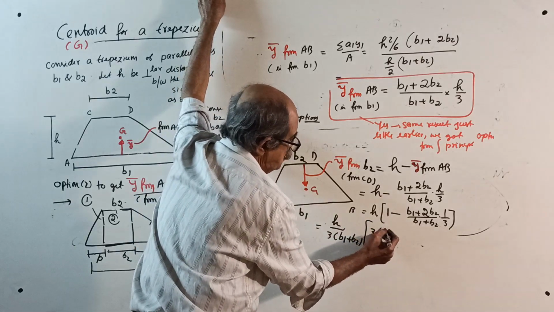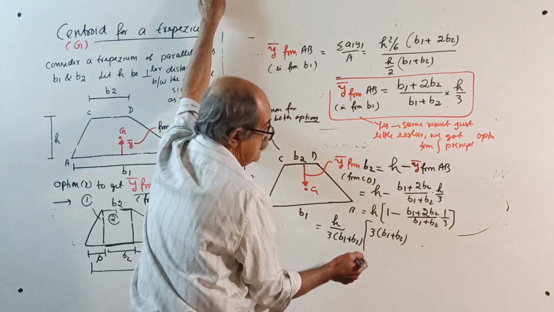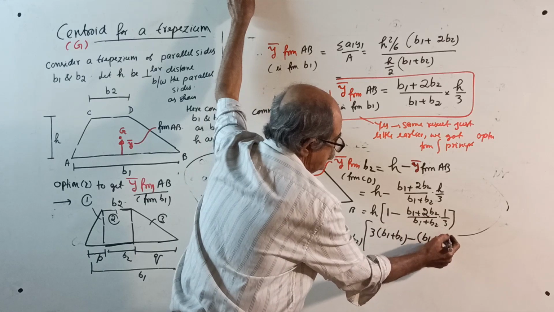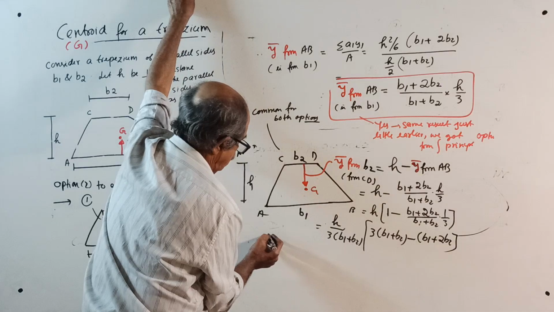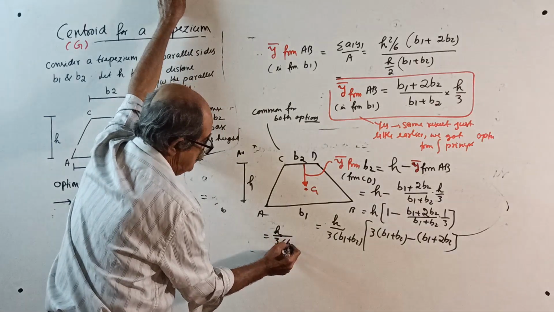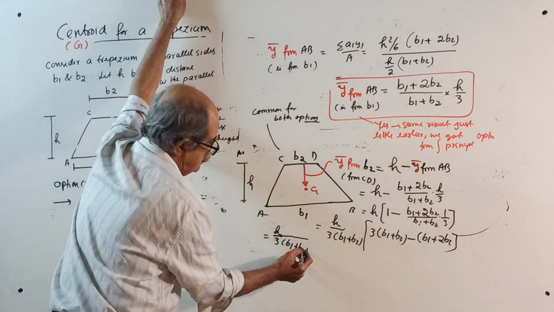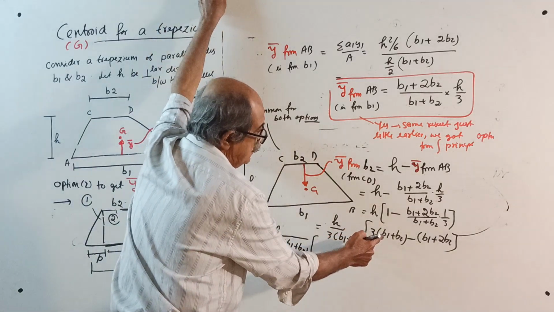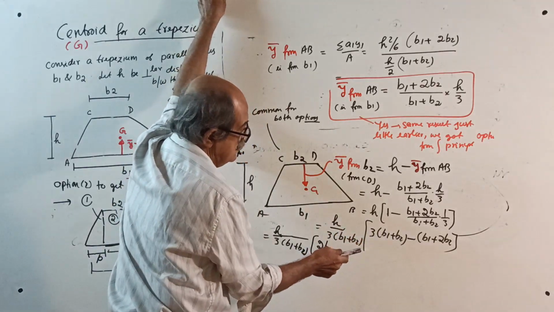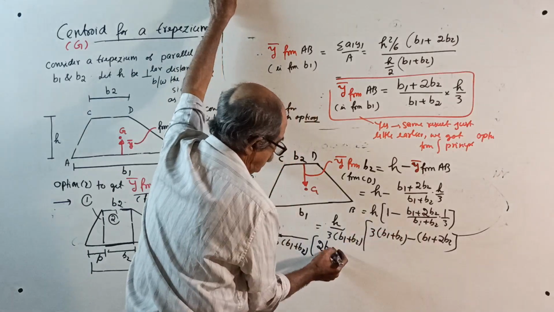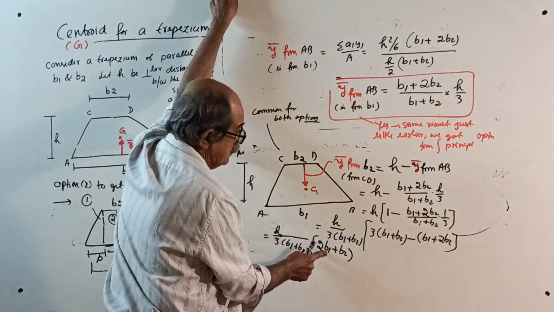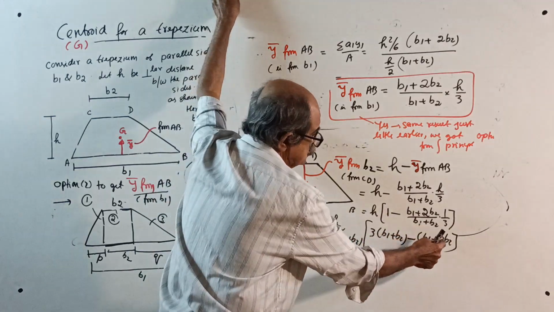So 3 into (B1 plus B2), that is 3B1 plus 3B2, minus (B1 plus 2B2), equals H divided by 3 times (B1 plus B2) into... 3B1 minus B1 is 2B1, and 3B2 minus 2B2 is B2.